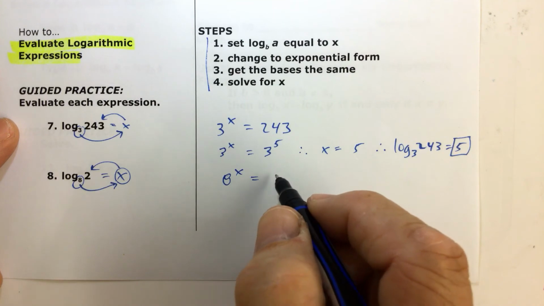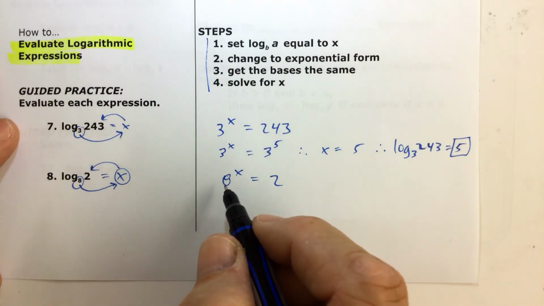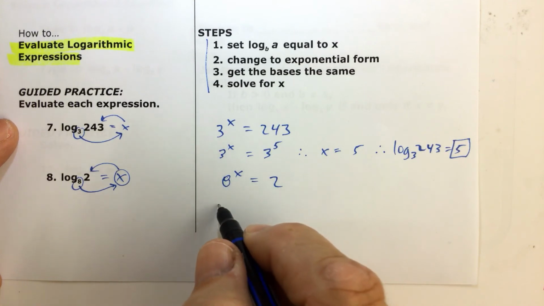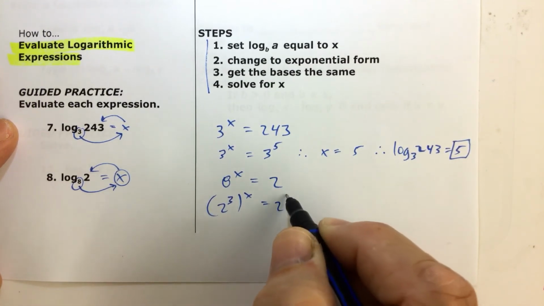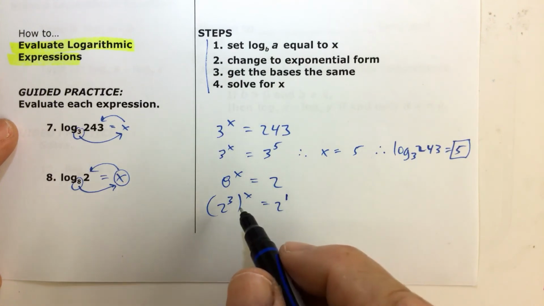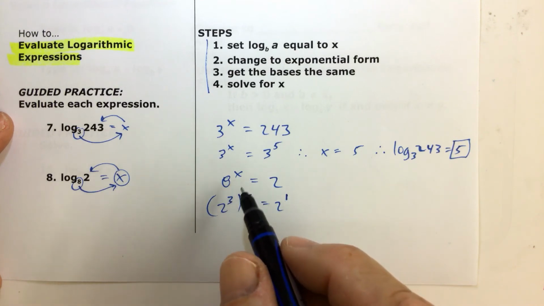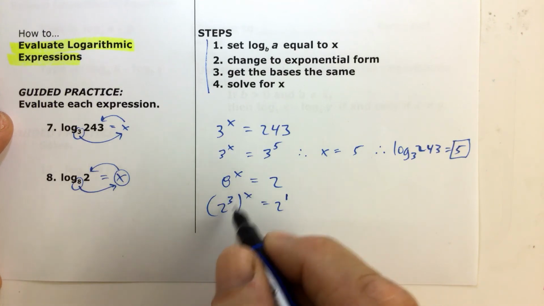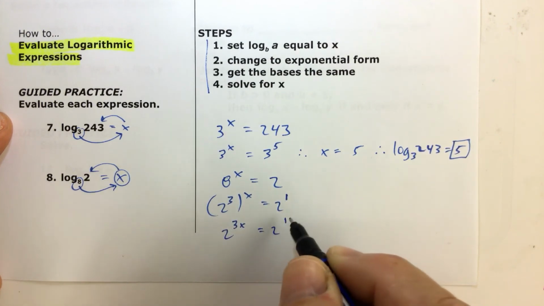So 8 raised to some power is equal to 2, and we notice here that 8 is a power of 2, so we can rewrite 8 as 2 to the 3rd, and we can write 2 as 2 to the 1. And we remember from a previous unit, I think it was unit 4, that power to a power means you multiply it. 2 to the 3x is equal to 2 to the 1.